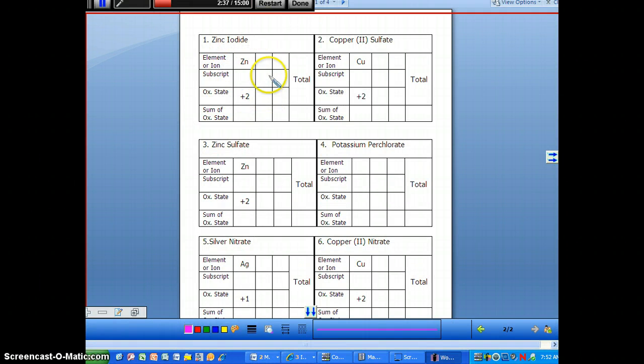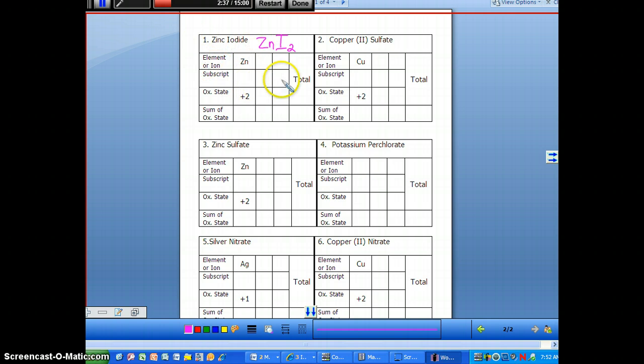Alright, so these are the examples we're going to look at. We've got zinc iodide. By this time, you should have figured out that the formula is ZnI2. On some of these, the rules don't help you assign all of the numbers, so I have a few of them that are given.